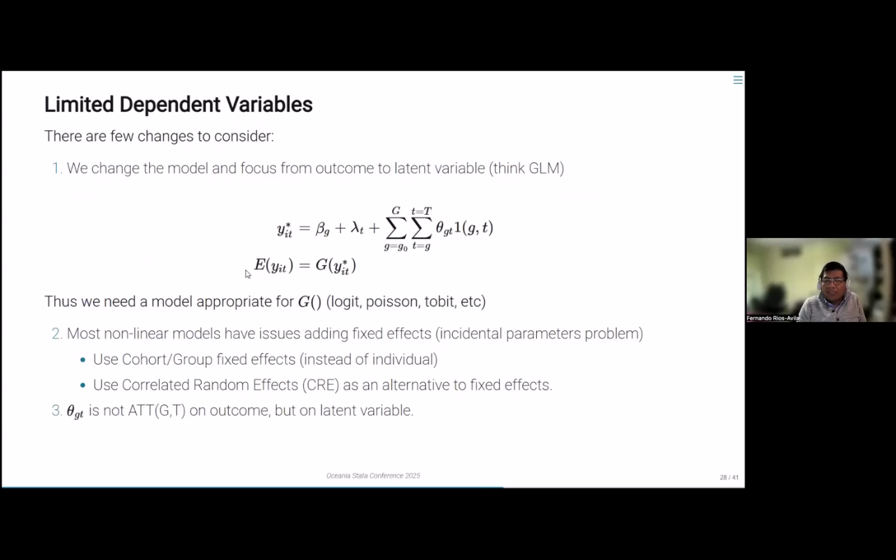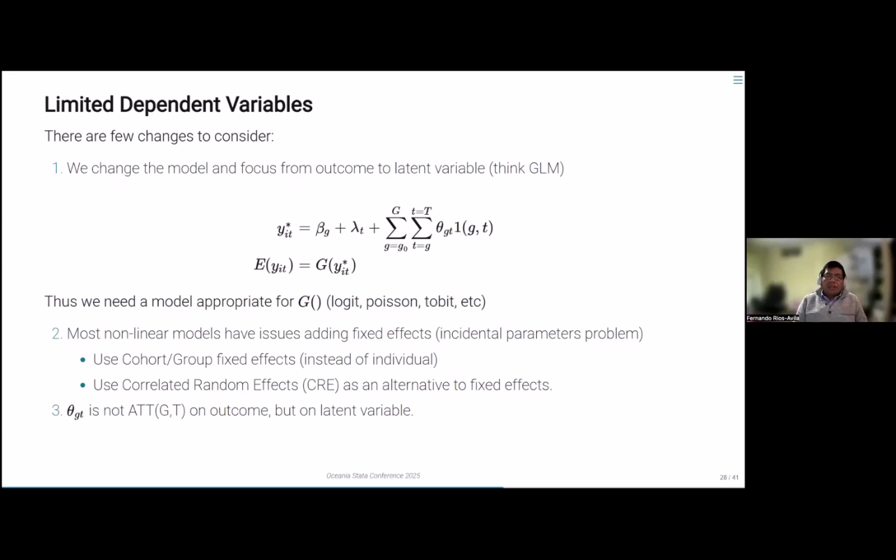One way of thinking about it, if you use Stata or you're familiar with the terminology, is to think about generalized linear models, where your G is the transformation or the link function between the latent variable and the expected value of the outcome. So this could be a logit, Poisson, Tobit, etc.